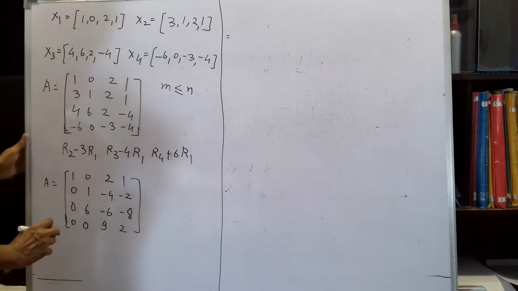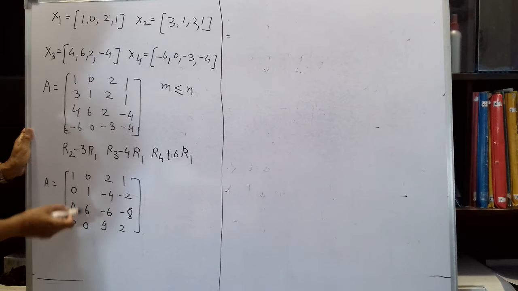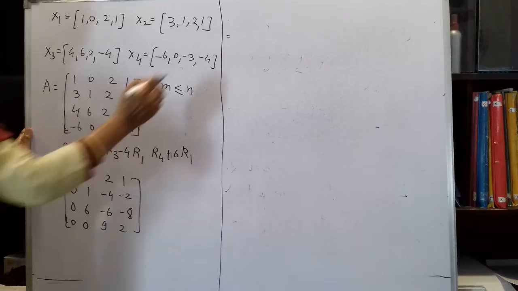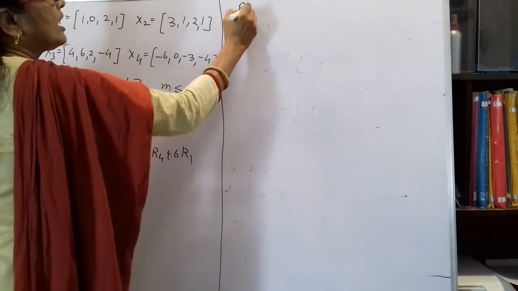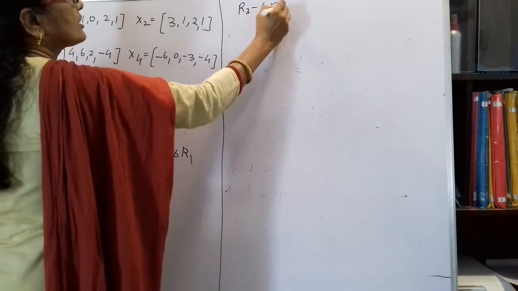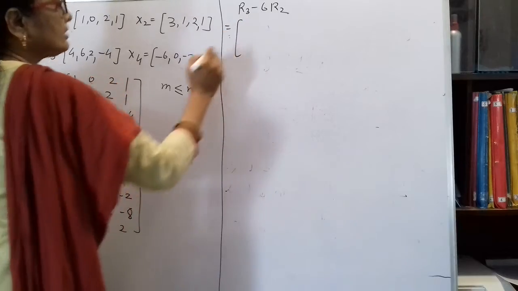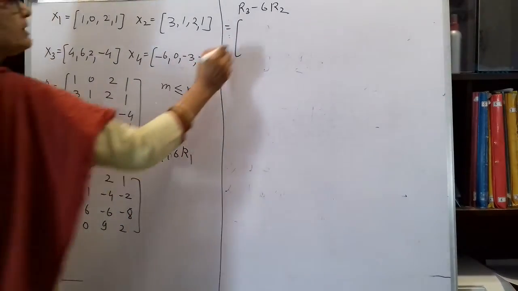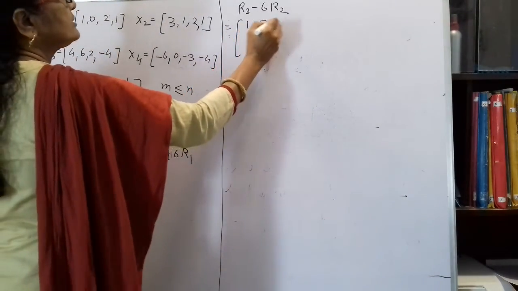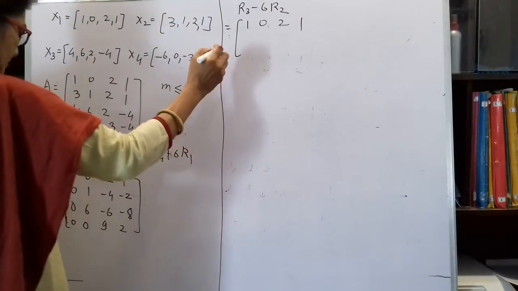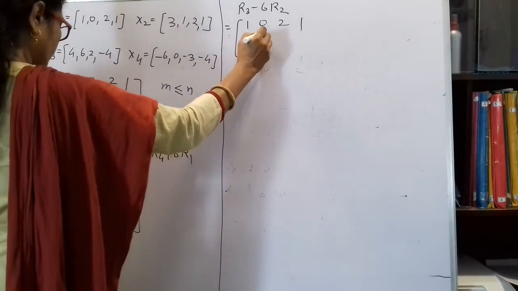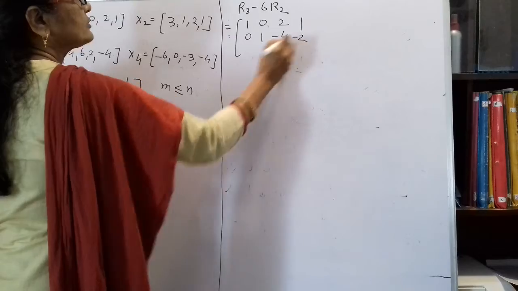Now here we have to bring 0 in the second column. उसमें से यहाँ already है, तो हमको यहाँ लाना है using R2. So we have to bring 0 here. So how can we do it? R3 minus 6R2. So we have to use the operation R3 minus 6R2. So the change will be only in R3. The remaining rows we have to write as they are, 1 0 2 1, then 0 1 minus 4 minus 2.